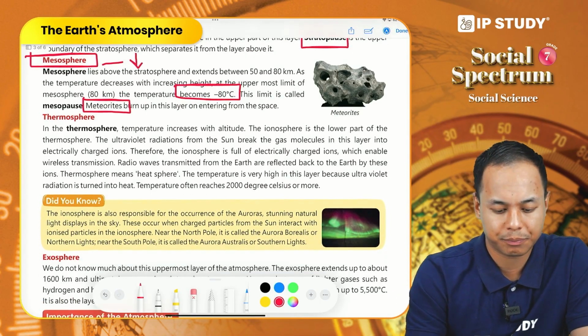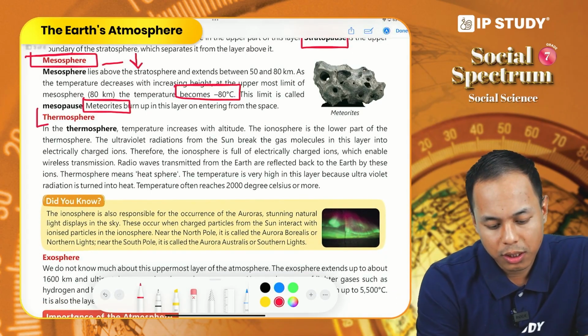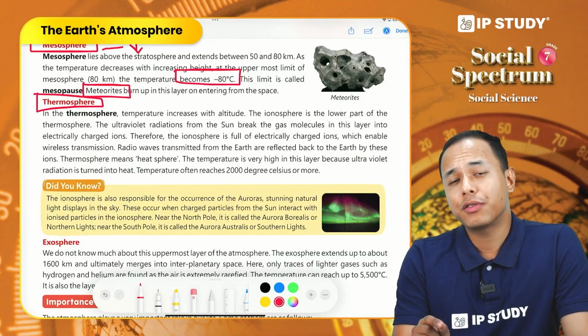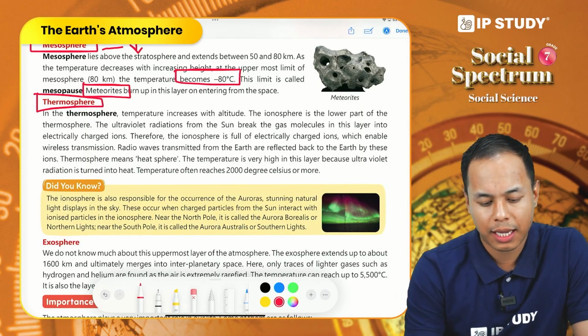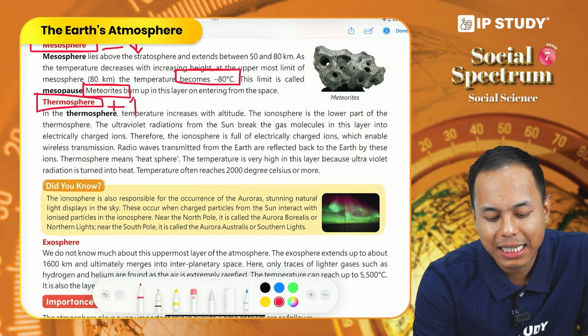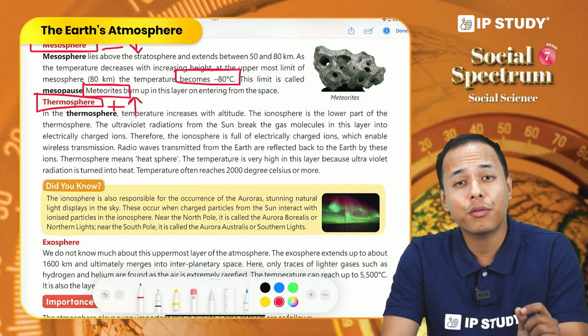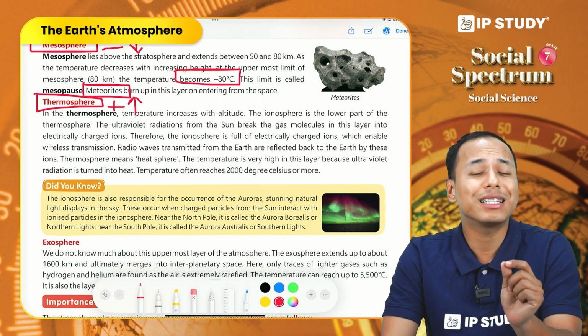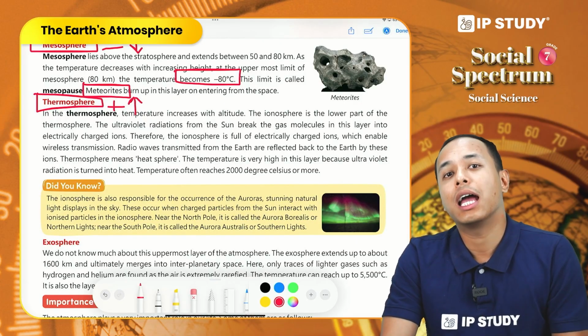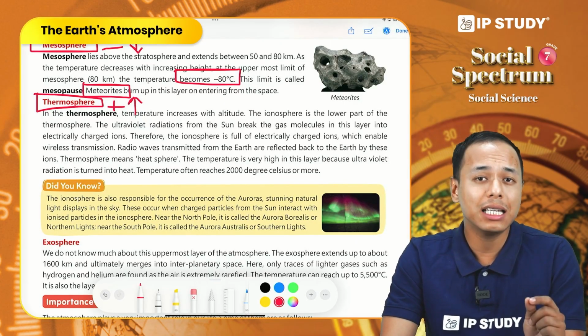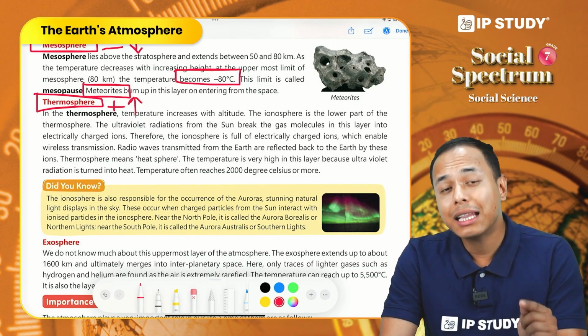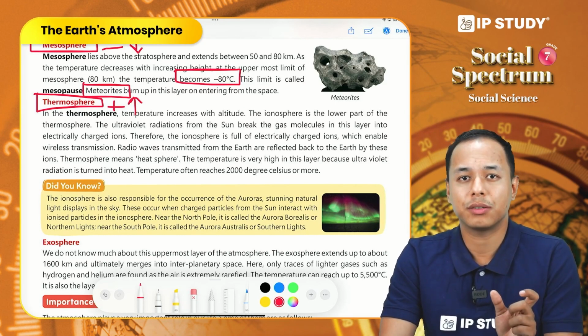The mesopause acts as a boundary between the mesosphere and the thermosphere. So now the thermosphere. After the mesosphere lies the thermosphere, and in this layer there is an increase in temperature with increasing altitude. One of the important features of this layer is the presence of the ionosphere, and in the ionosphere there are electrically charged ions that enable wireless transmission.